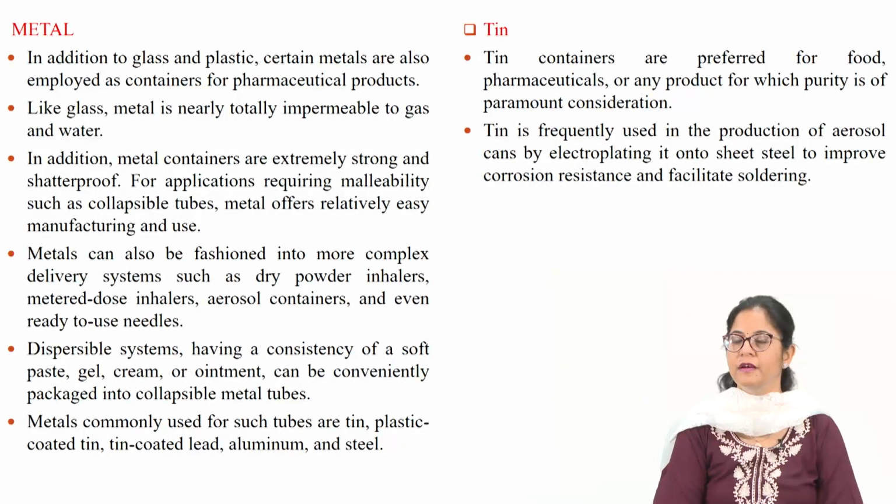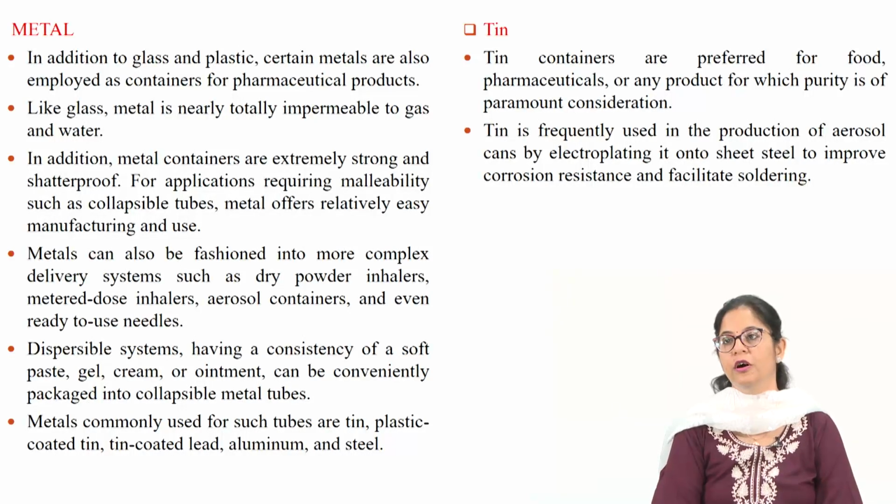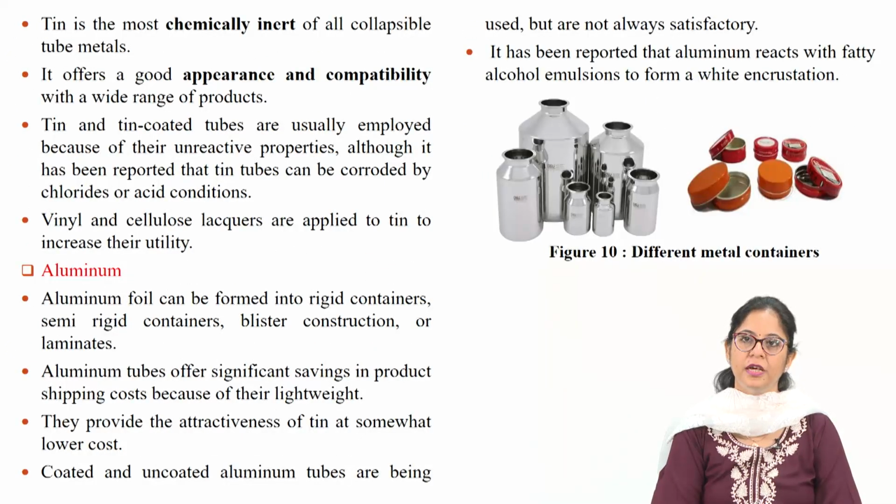Tin containers are preferred for food, pharmaceuticals or any product for which purity is of paramount consideration. Tin is frequently used in the production of aerosol cans by electroplating it onto sheets of steel to improve corrosion resistance and facilitate soldering. Tin is the most chemically inert of all collapsible tube metals.